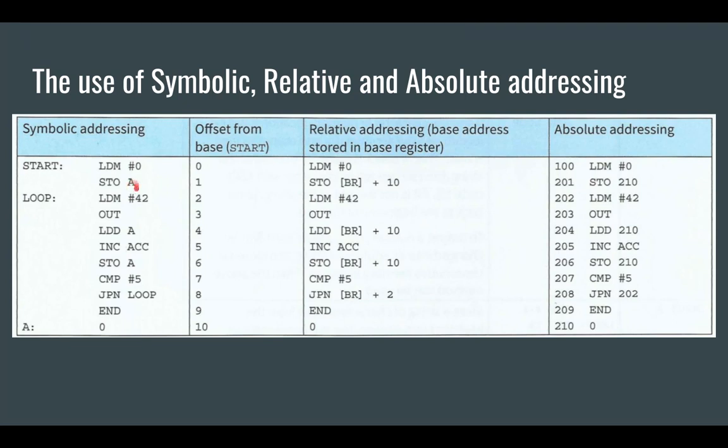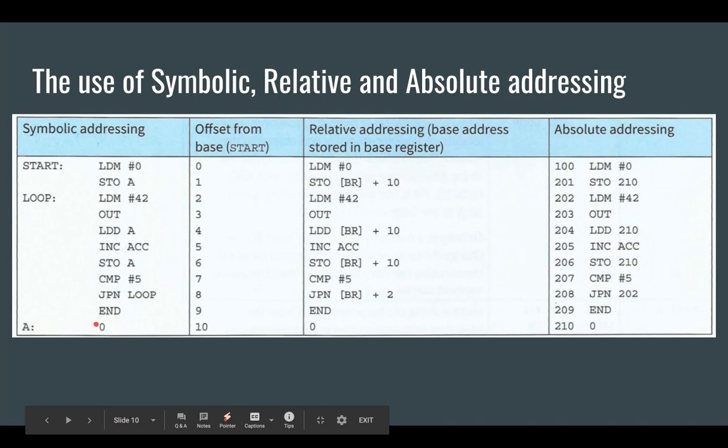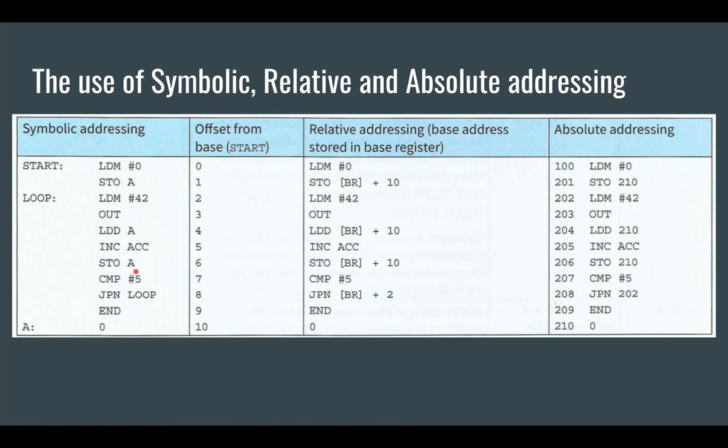So we've got store A. Well, this tells us that we've got the start location indicating the first line of the code. Then we've got store A, and A is down here, at the bottom of the last line of the code. So at any point we're using A in our program, we are referring to this position.